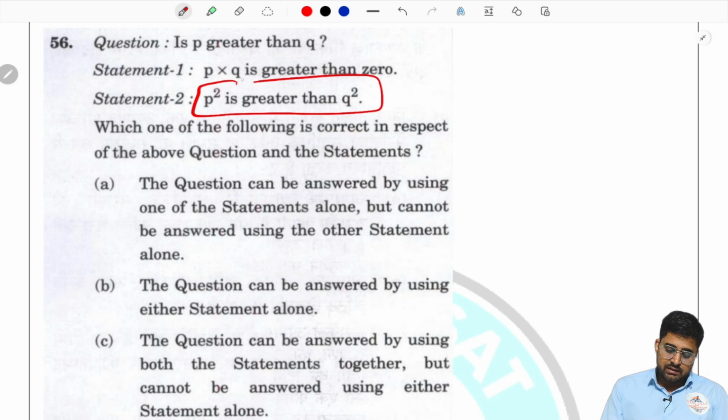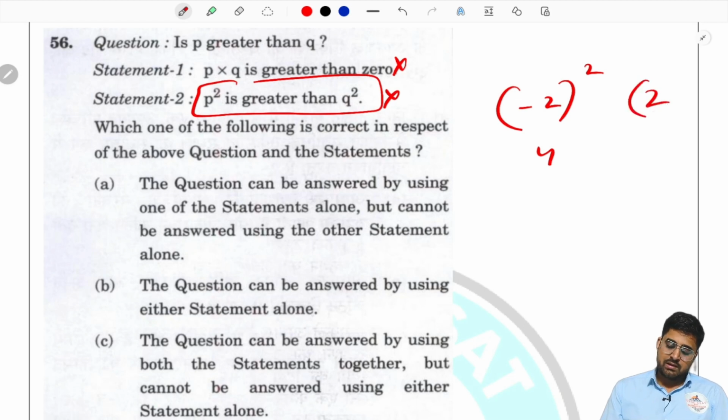Now statement 2: P square is greater than Q square. Again my question. It is also a baseless equation. How? For example, if P is -2, now you square it, it comes to 4, and Q is 2 only. Now you square it, then it's again 4.